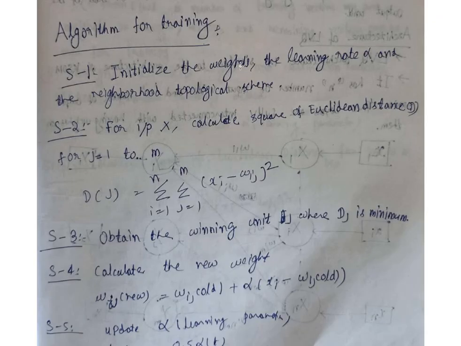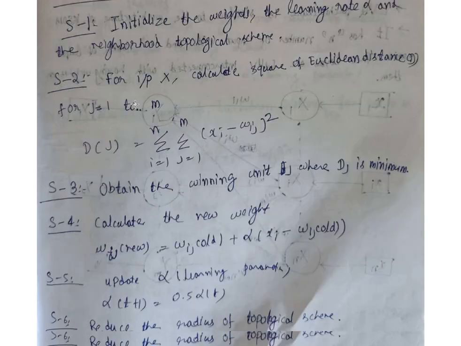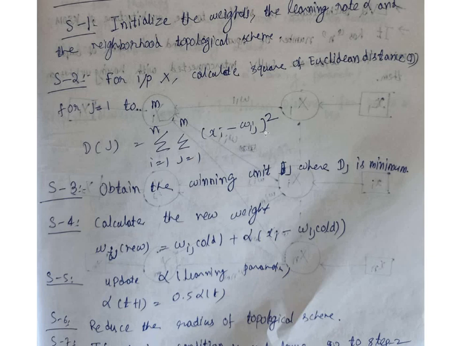As per the algorithm, initialize the weights with random numbers, learning rate alpha, and the type of neighboring topology scheme which can be used, either rectangular or hexagonal grid. And then for each input x value, calculate the square of the Euclidean distance for j equal to 1 to m: D(j) = sigma i equal to 1 to n, sigma j equal to 1 to m, (xi minus wij) whole square.